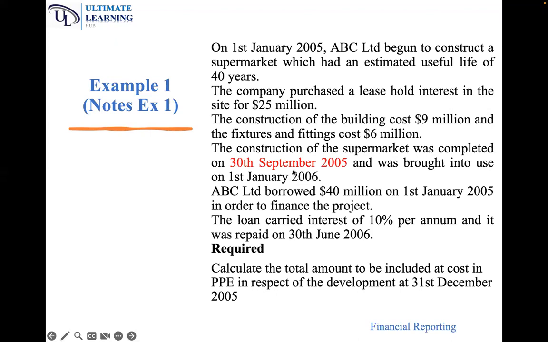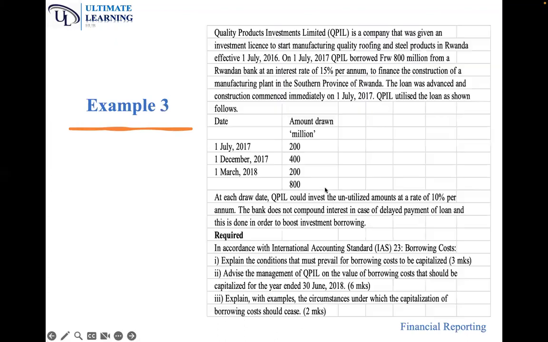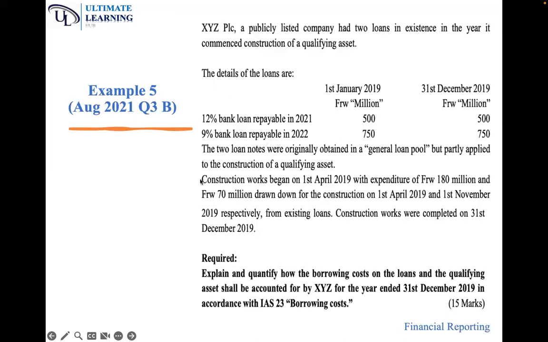There will be example 2, which I'm not reading until we reach it. There is also an example 2 that is a different set of question. There is example 3, which is from the past papers. There is example 4, which is also from a past paper. There is example 5, which is from a past paper, and I've quoted the past paper.